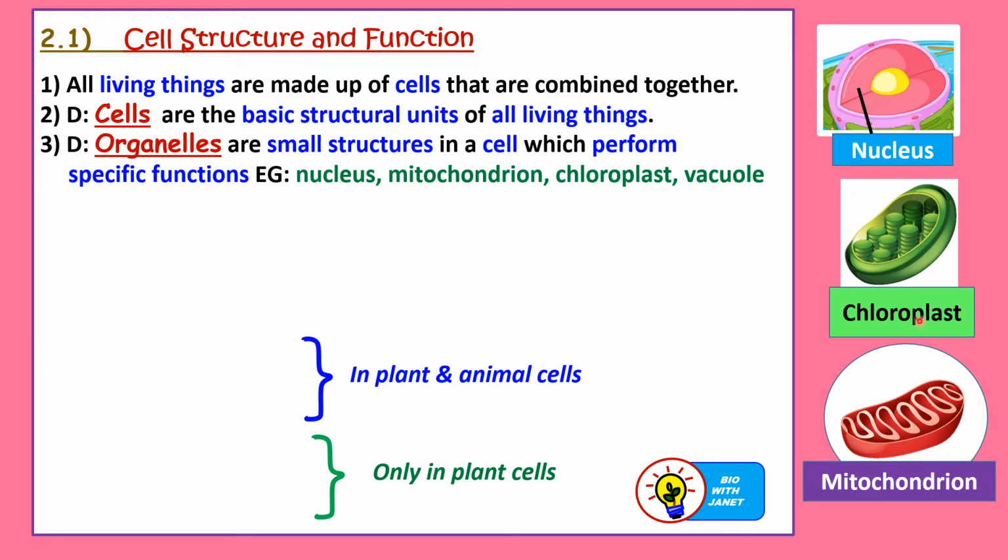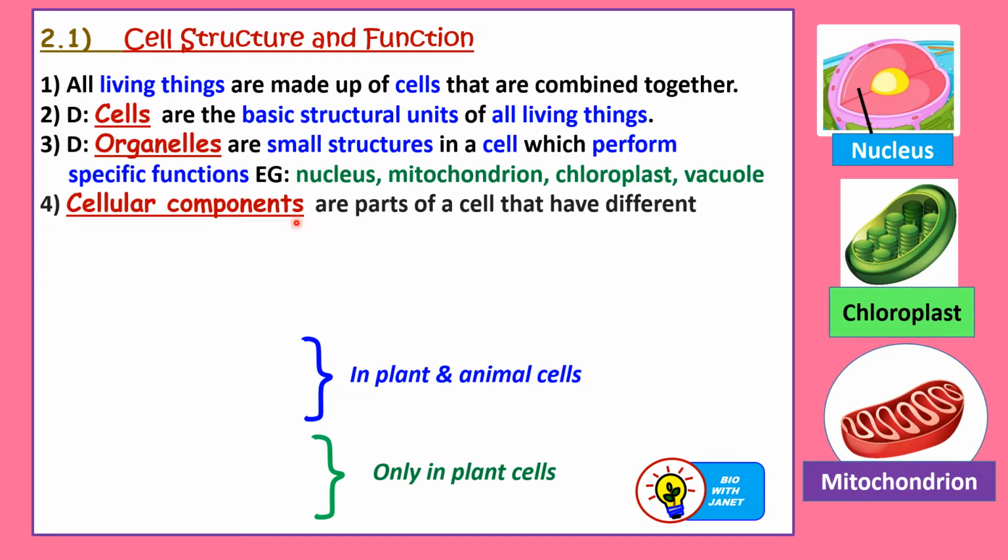And then in plant cells, there is the chloroplast, which is an organelle that carries out photosynthesis to produce organic food substances for the plant. And then cells must have mitochondrion, which is an organelle that is involved in respiration to produce energy for the cell to carry out its activities.